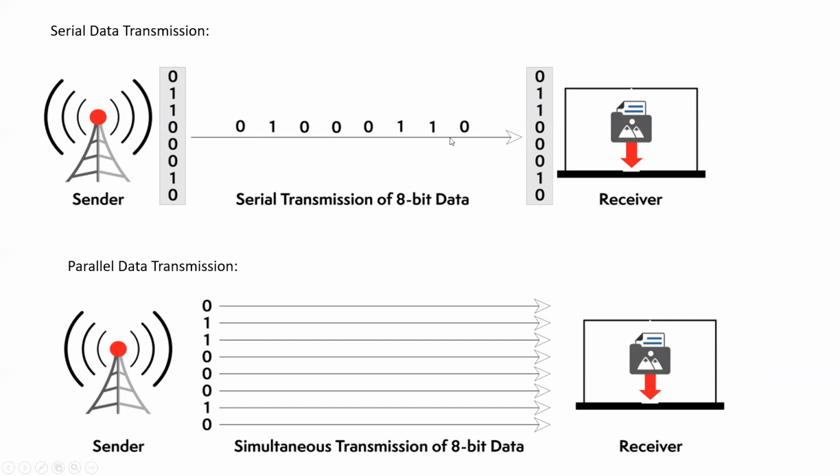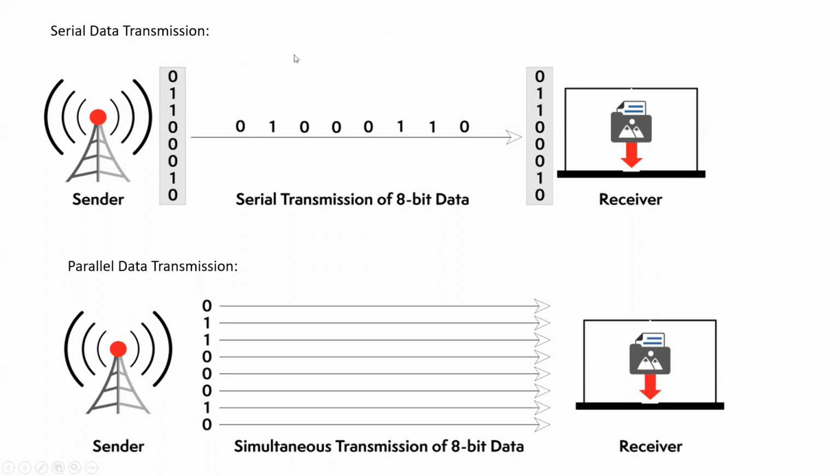This is a simple figure where the sender is transmitting this many bits to the receiver, but the transmission is serial, one after the other. The least significant bit, called the LSB, is usually transmitted first.